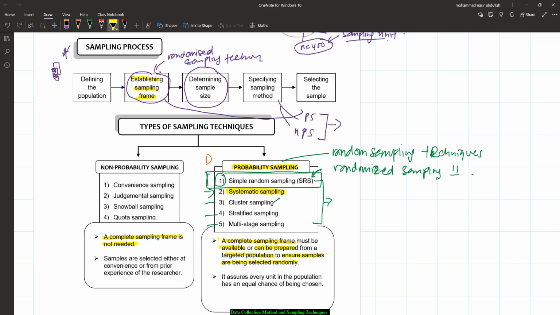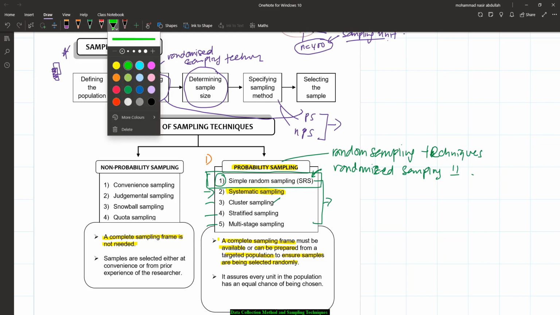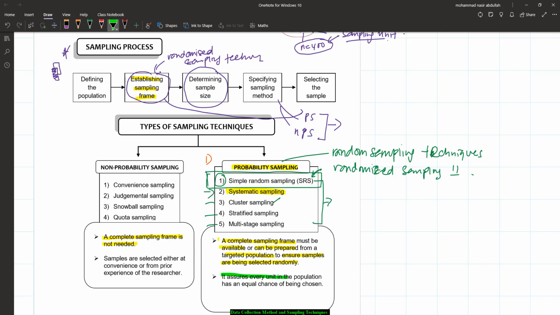So another property in probabilistic sampling techniques is it ensures every unit in the population has an equal chance of being chosen. Means that in a sampling frame, let's say we have 100 members in the population, 1, 2, 3, 4 until 100, right?